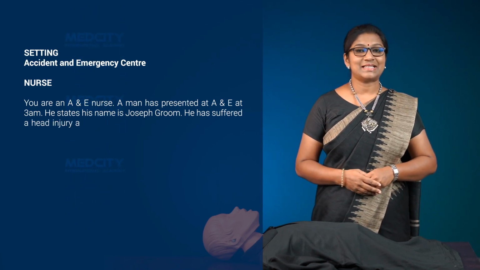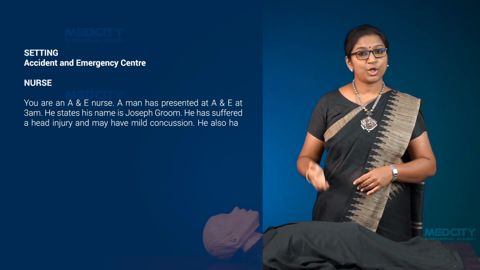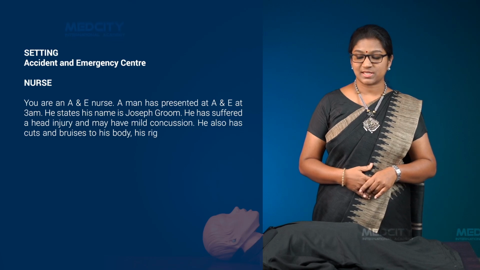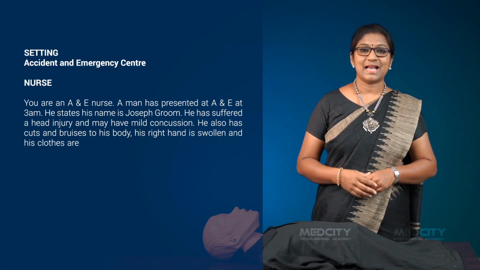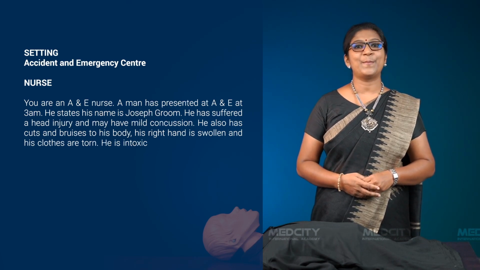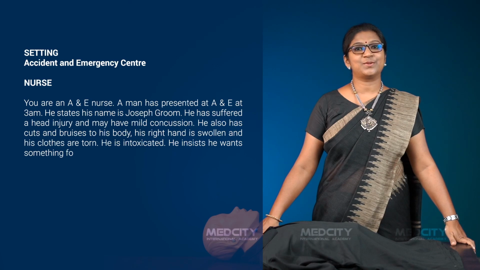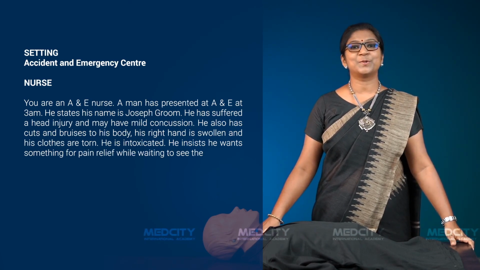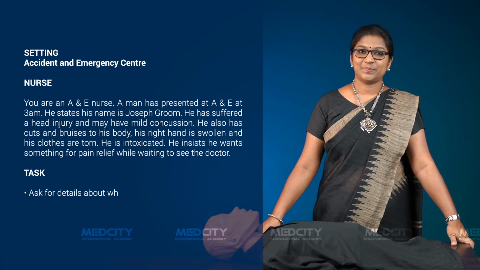He has had a head injury, has a mild concussion, his clothes are torn, his body has bruises, it's bleeding, his right hand is swollen, and he is looking for pain relief medication while waiting for the doctor to come and see him. The first task on your role play card says, ask about what happened.